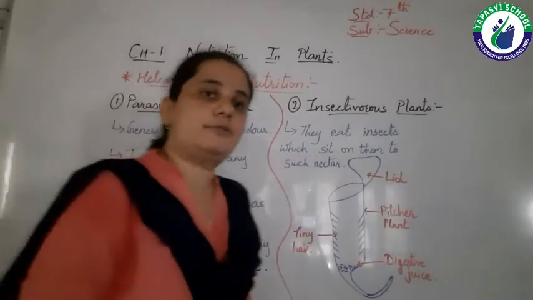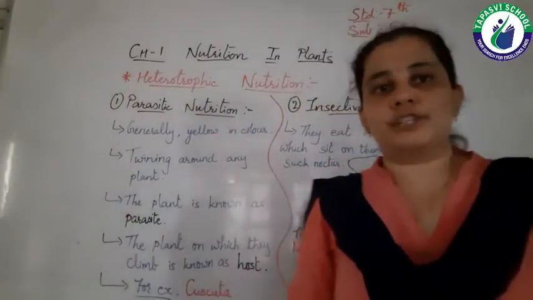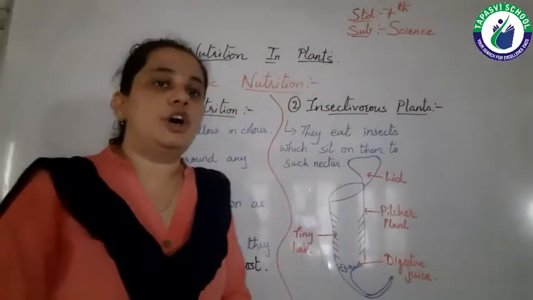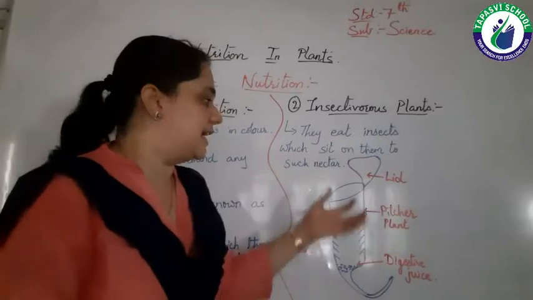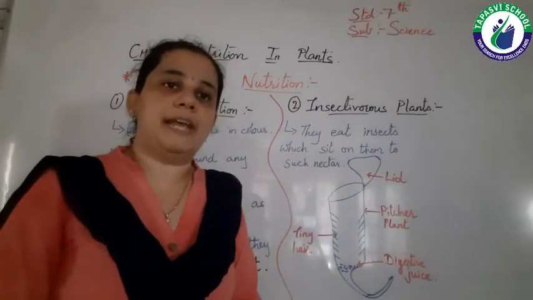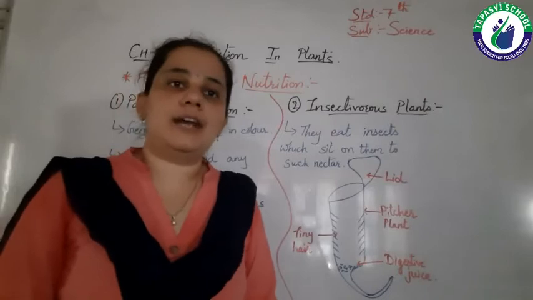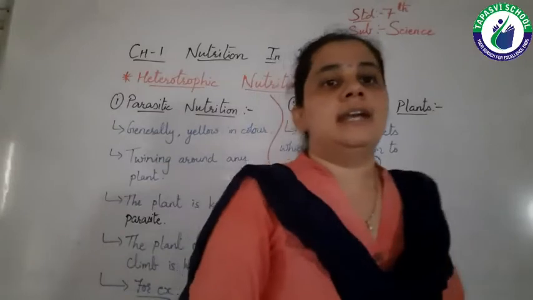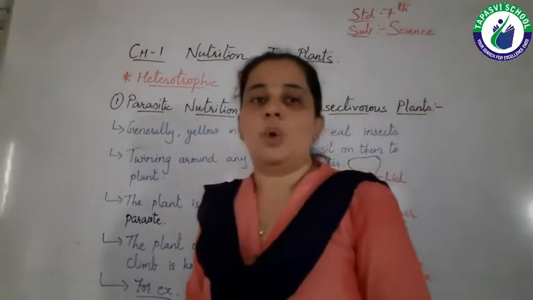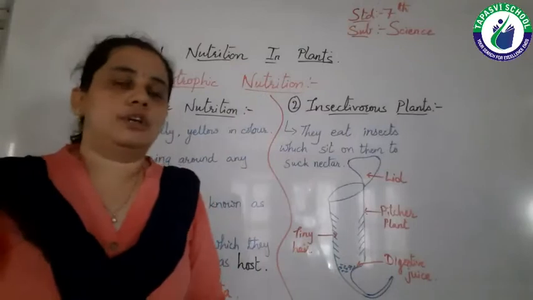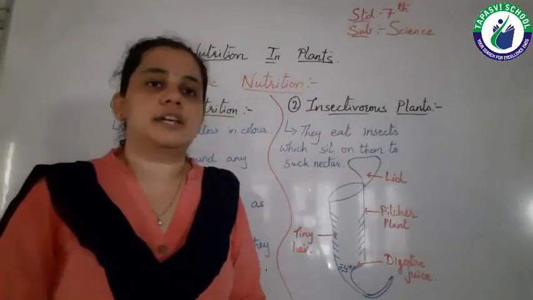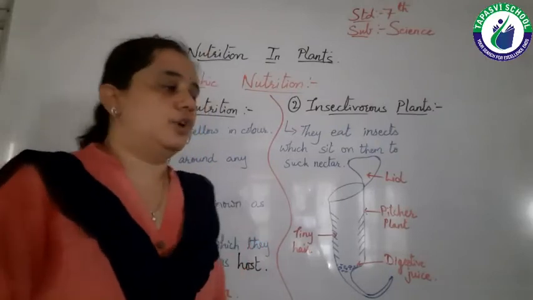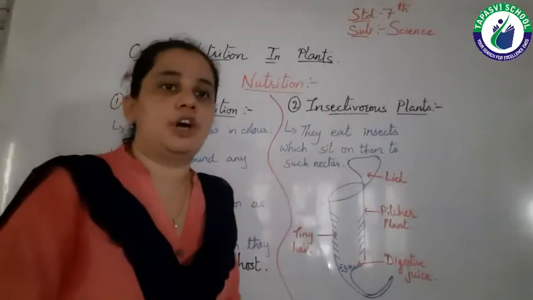Because they can make their food by photosynthesis as they have chlorophyll. But they do not take nitrogen, because these plants generally grow in places where there is a lack of nitrogen. So for nitrogen, these plants depend on insects. When they eat the insect, they take the nitrogen from insects and then they can make their food. So this is about insectivorous plants.